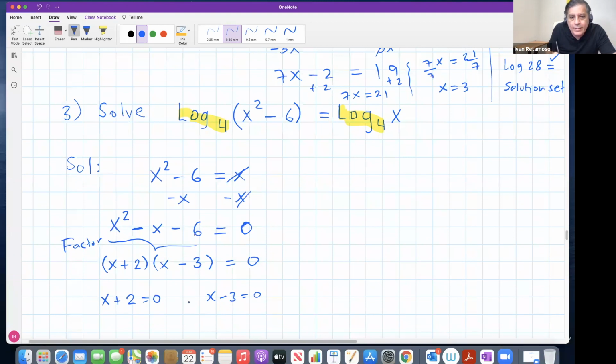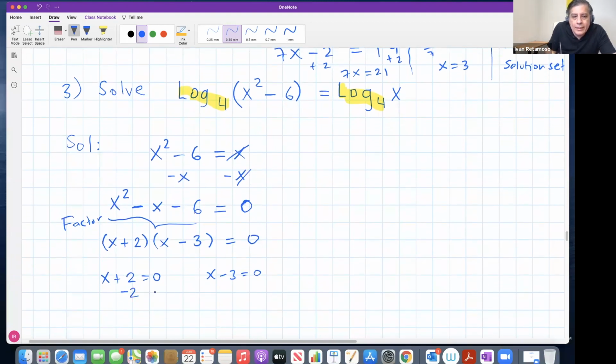And from there, you should get your candidates for your solution. x equals -2, and x equals 3. Two candidates. Professor, why do you call them candidates? Well, because you have to check them before you claim that they are actual solutions.